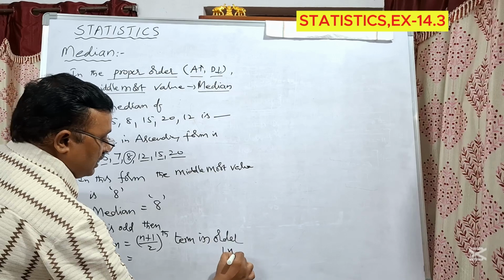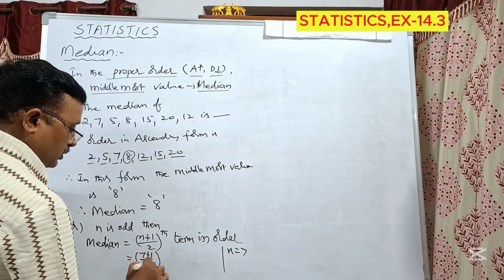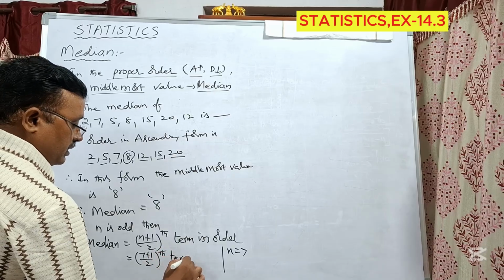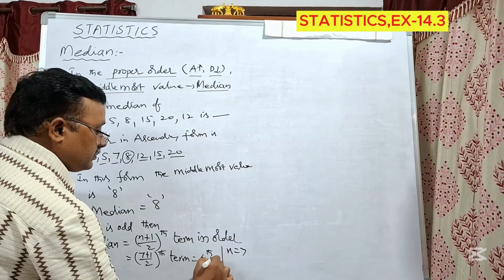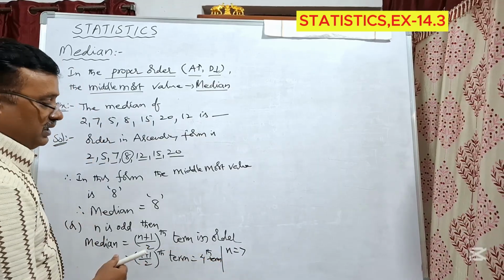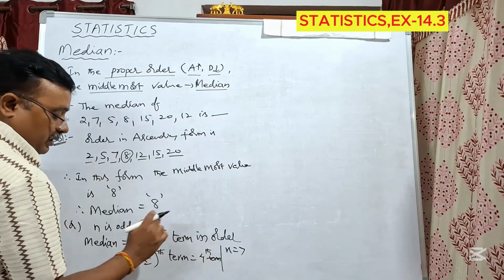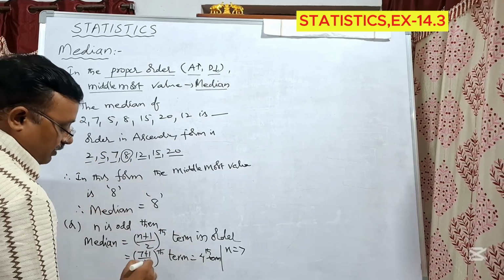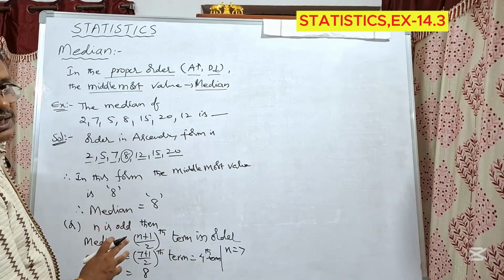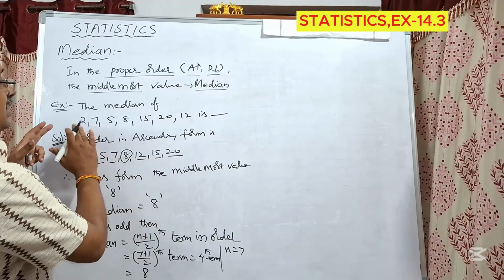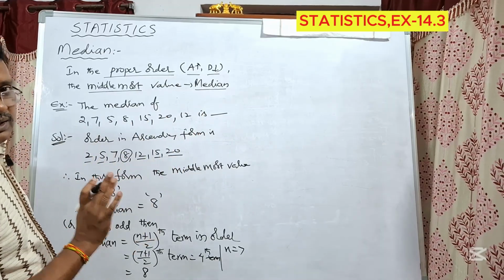So since n equals 7, then (7 plus 1) by 2th term, that is 8 by 2, the 4th term. The 4th term is the median. Who is the 4th term? First one, second one, third one, fourth one in the proper order. Therefore the 4th term value is 8. Have you understood that? In this way we can trace out the median of normal ungrouped data.